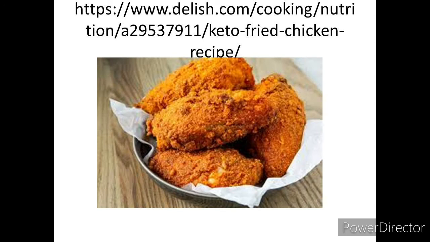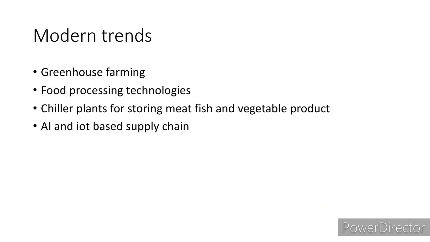Shown in figure is a genetically modified chicken which is high yielding in nature, which grows in a very shorter period of less than 40 days, and the farmer can sell the chicken into the markets.